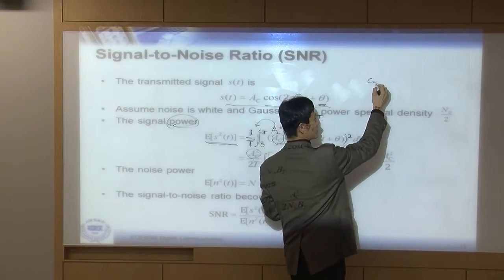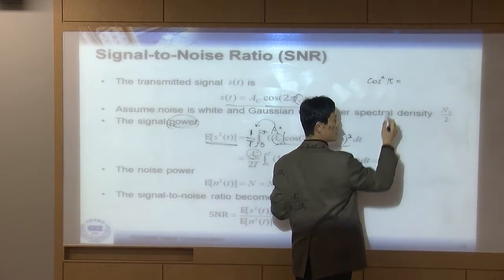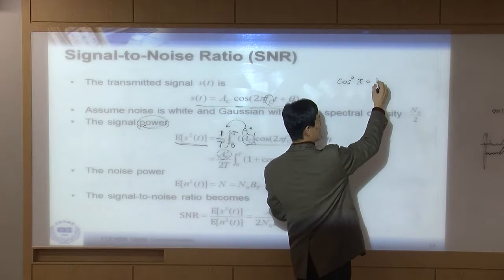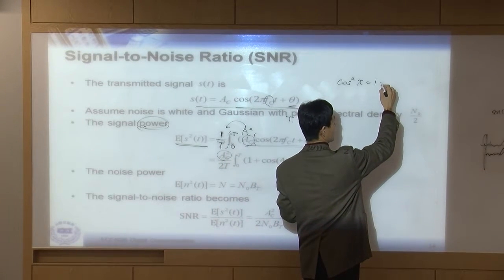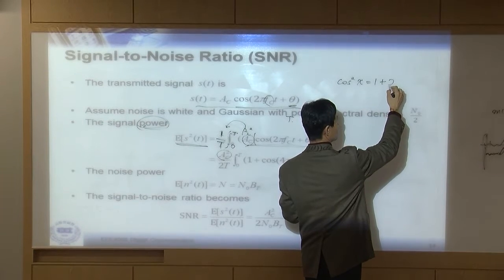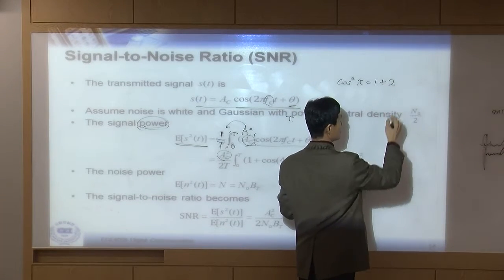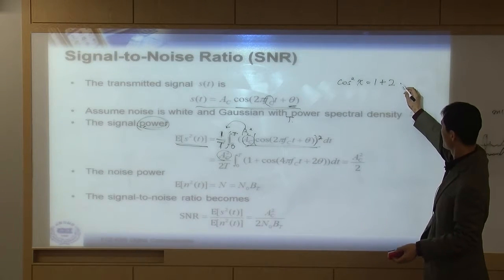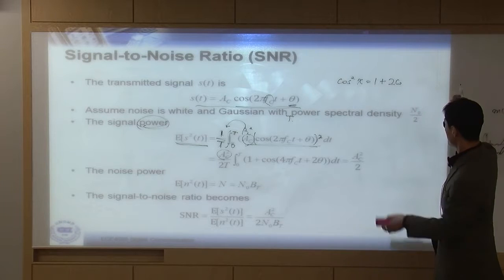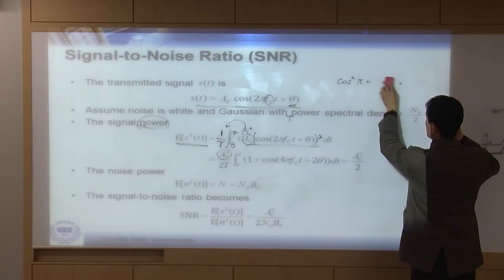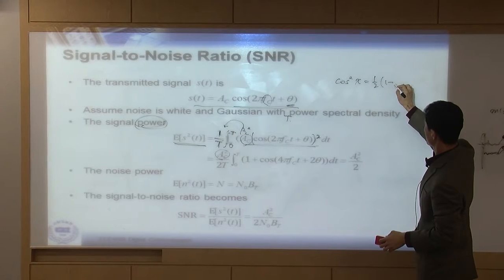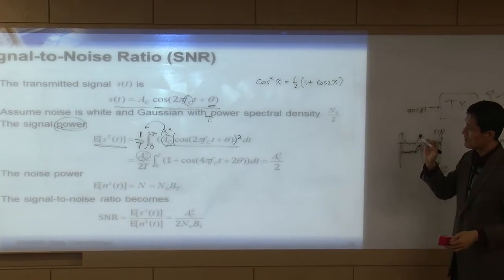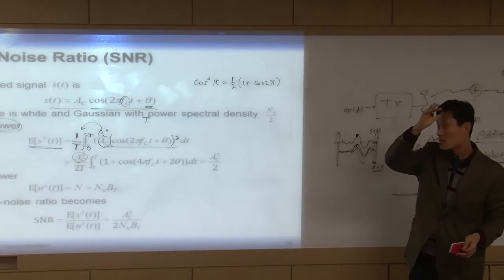So let's take a look at cosine squared. Cosine squared x is what, using the identity? It is 1 plus cosine 2x, all over 2.